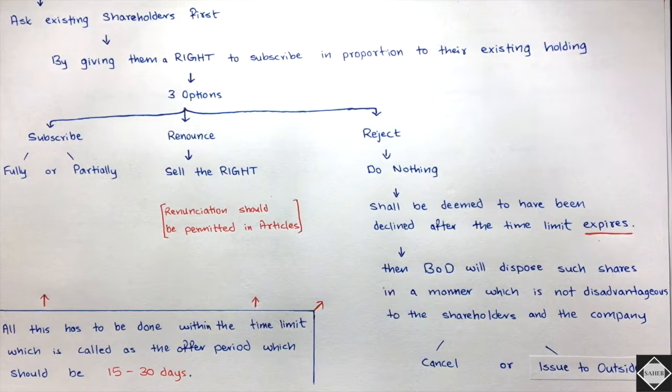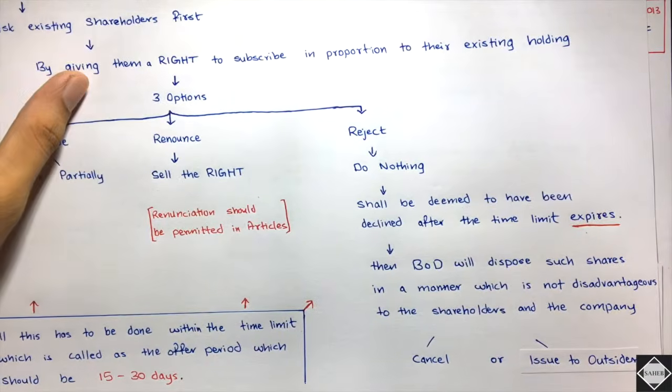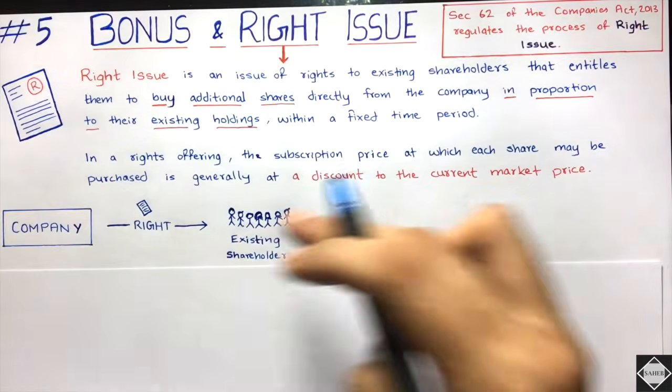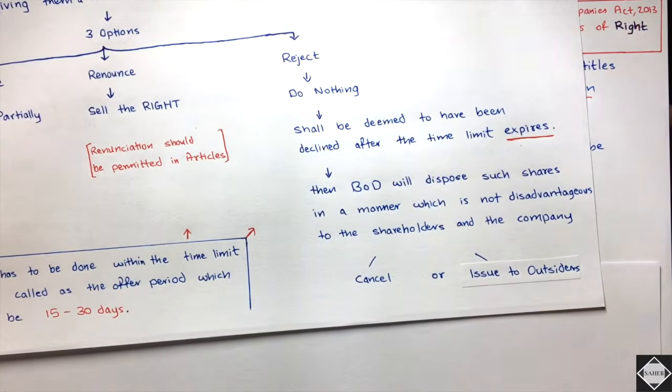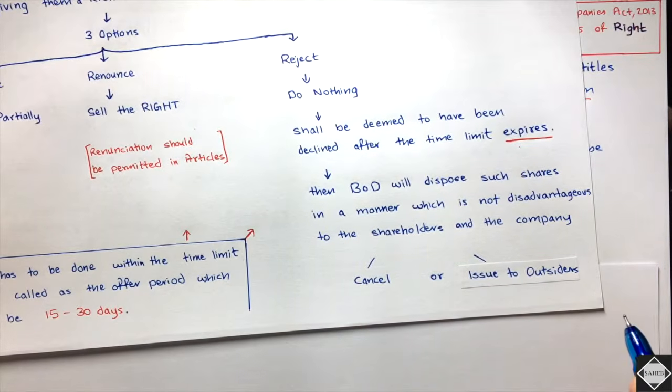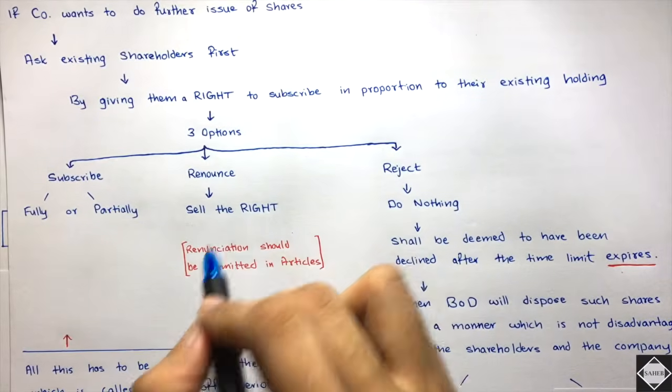But if there is a benefit, then they will issue those shares to the outsiders. In the rights issue, everything was done for insiders. At the end, if there are unsubscribed shares, then they will issue them to the outsiders. Is that clear?